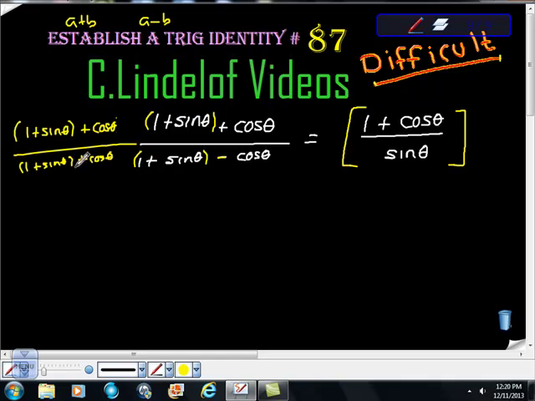So when I do this out, I'm going to do FOIL. I'm going to do this times this, which gives us 1 + 2 sin θ + sin² θ. But then we have to do this. So this times this is cos θ times (1 + sin θ). I'm not going to move that in.